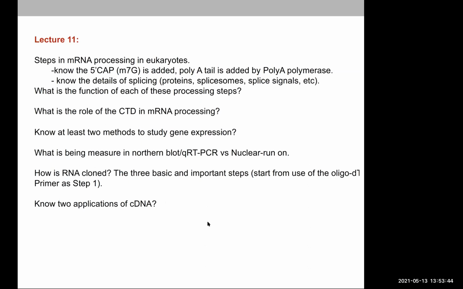Also, can you give us an estimate of how many questions per part A, B, or C, just to plan out the time frame? I do not know at the moment. I haven't finished the exam, so I don't know. It's going to be a little bit less than what you had before.